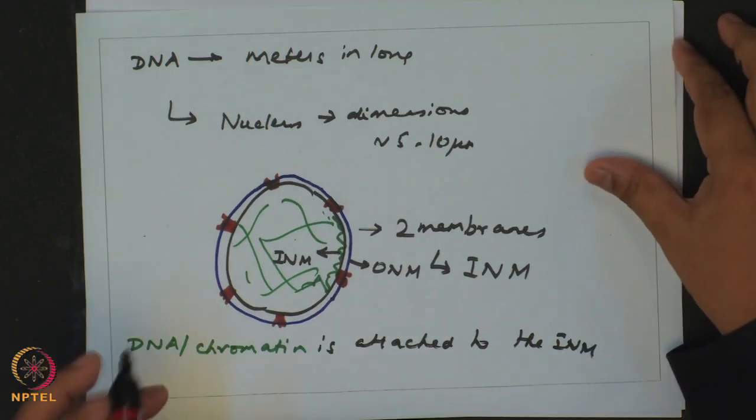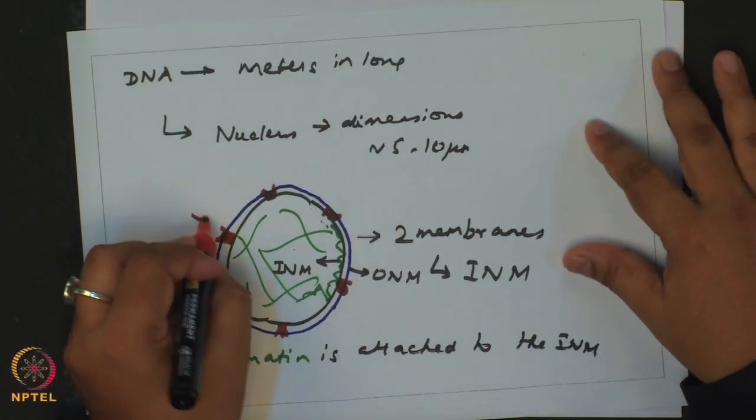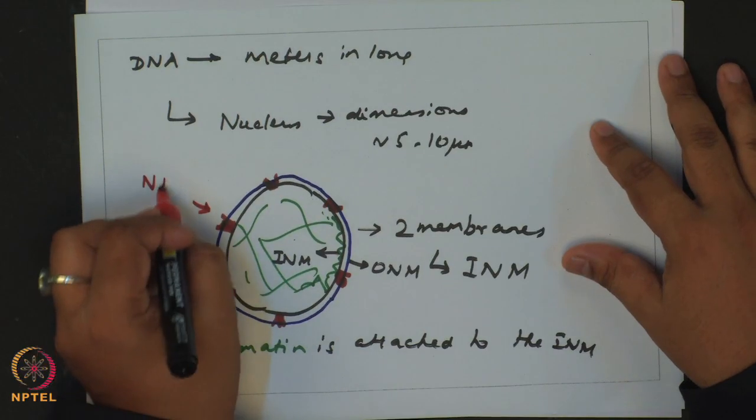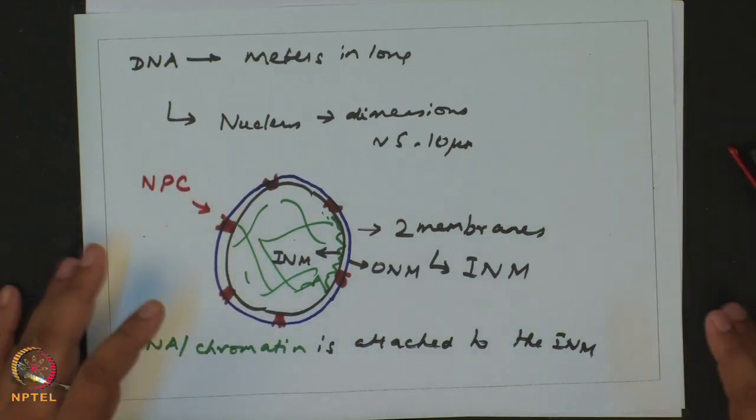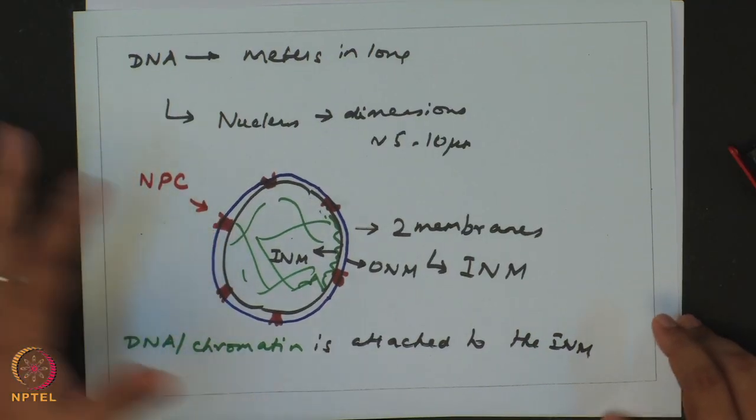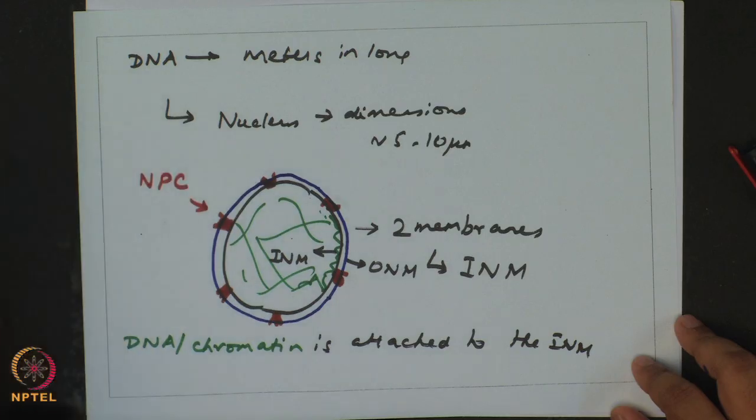And what I have drawn in red are nuclear pore complexes. These are the holes through which proteins can enter and exit the nucleus. Typically proteins which enter the nucleus have what is called a nuclear localization signal. And this entry is mediated by proteins like importins, and similarly you have other proteins which mediate the exit.